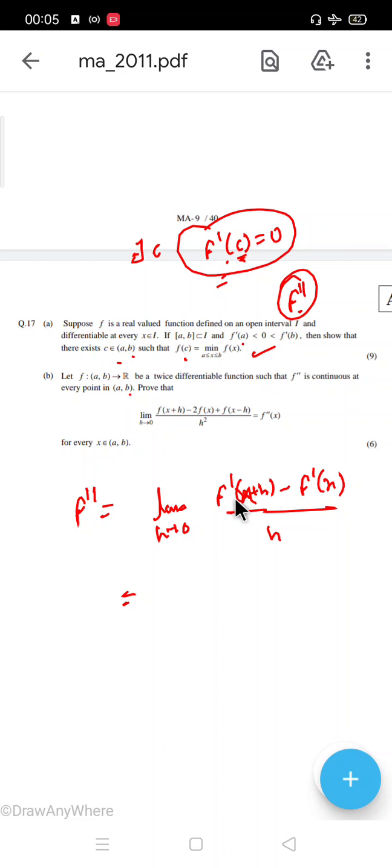Now in place of f dash, you again apply the same thing, then you will see the same as what you are seeing here. You need to apply it twice. If you write f dash of x plus h, apply the same thing, again limit as h tends to 0, f of x plus 2h.